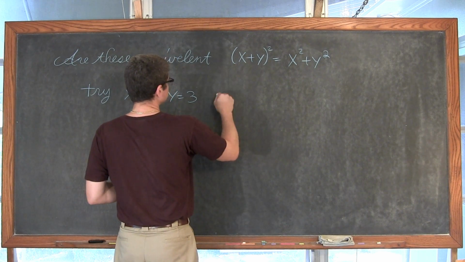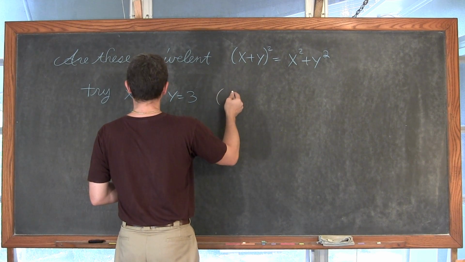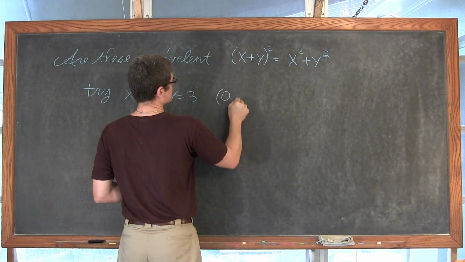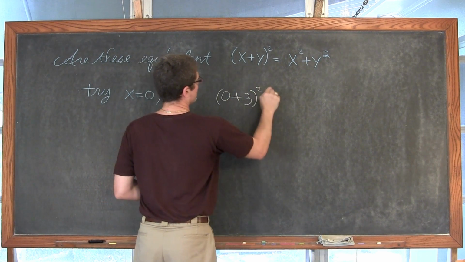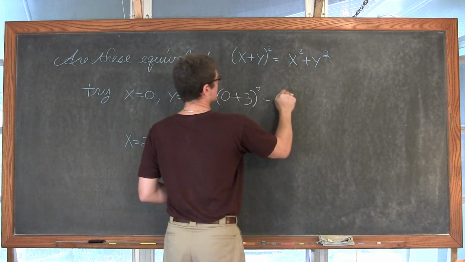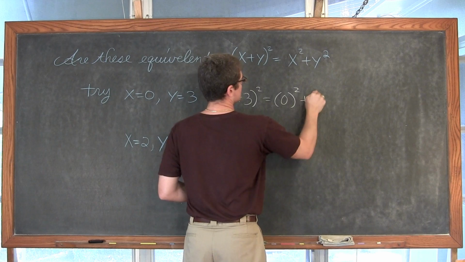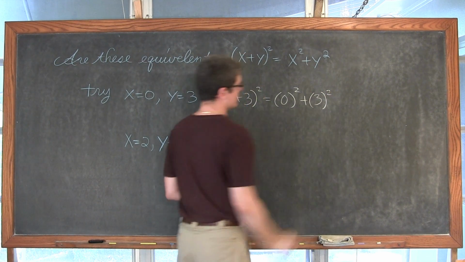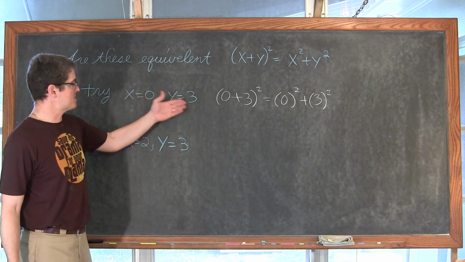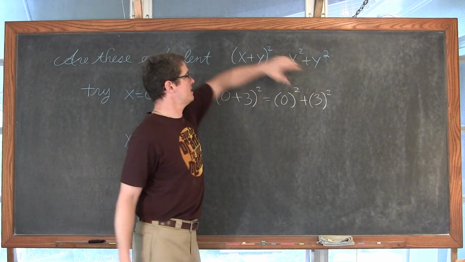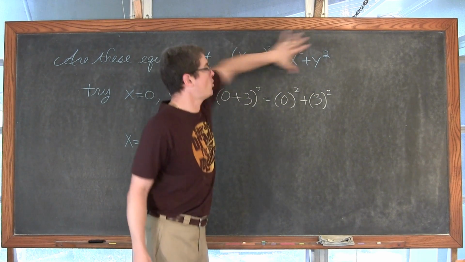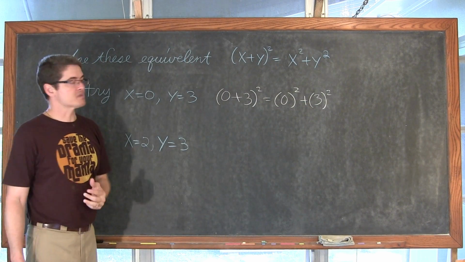Well, let's see here, we've got x is 0, so we have (0 plus 3) squared is equal to 0 squared plus 3 squared. I'm simply plugging the values that we have into these two expressions, or this one equation with the equal sign in the middle.